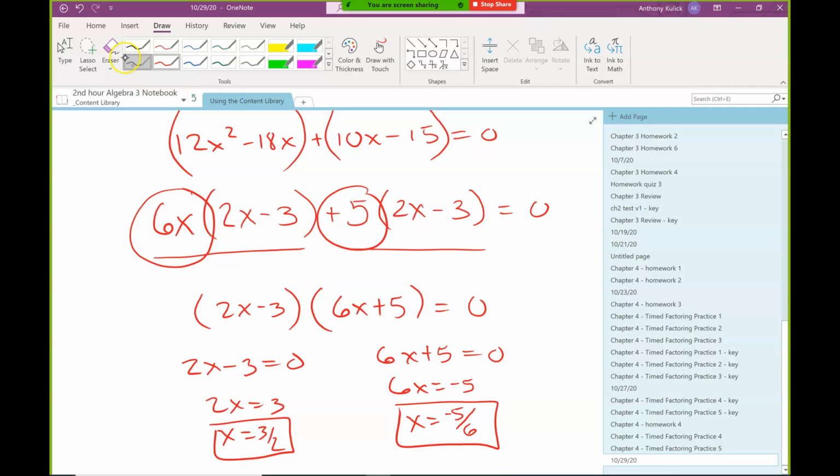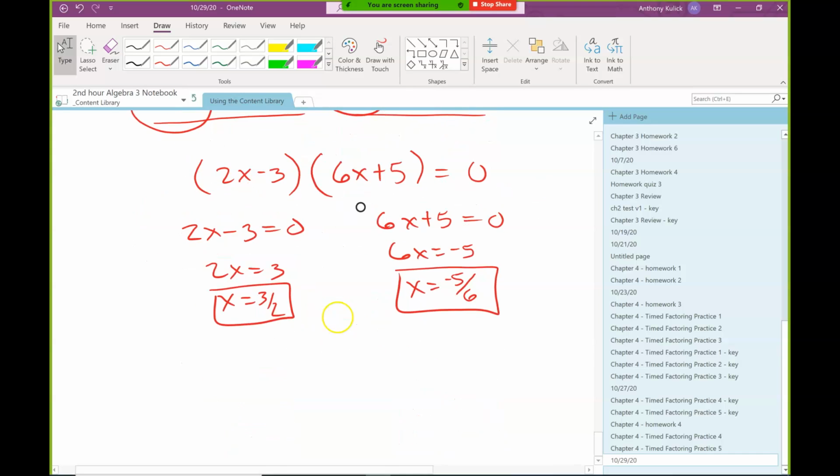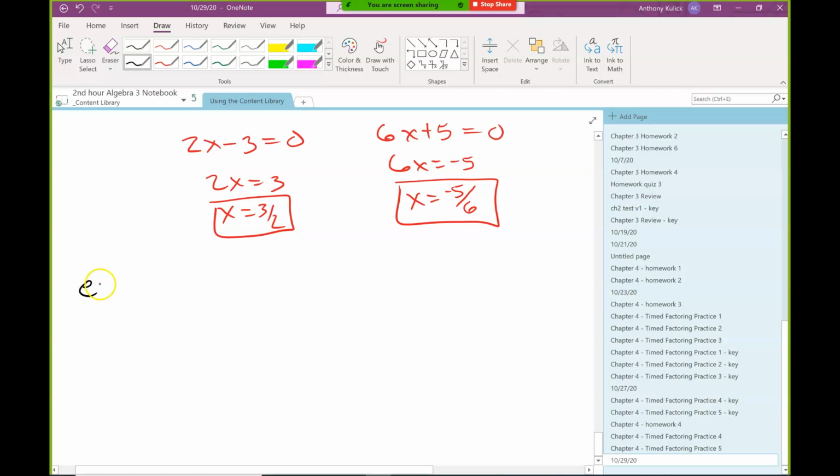What do you guys think? So let's do one more. I'm going to write down the problem and let you guys work on this in your notebook. I'll write down the answer in a few minutes so you can check to see how you did.